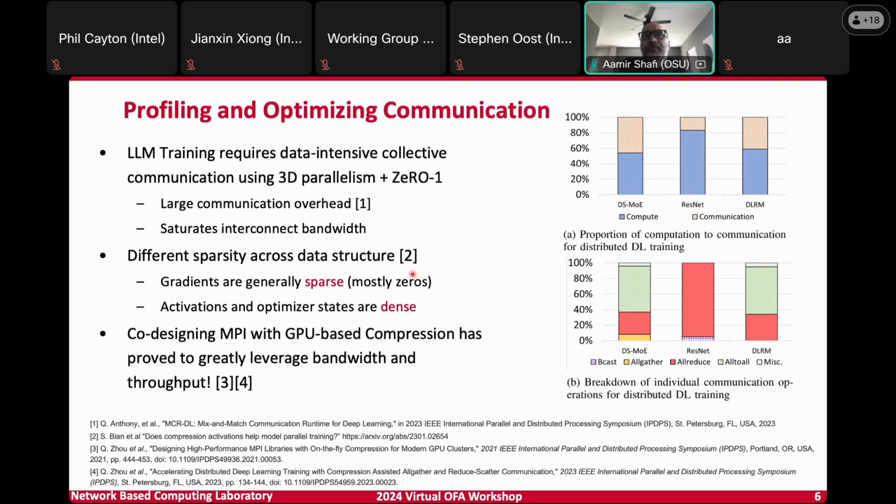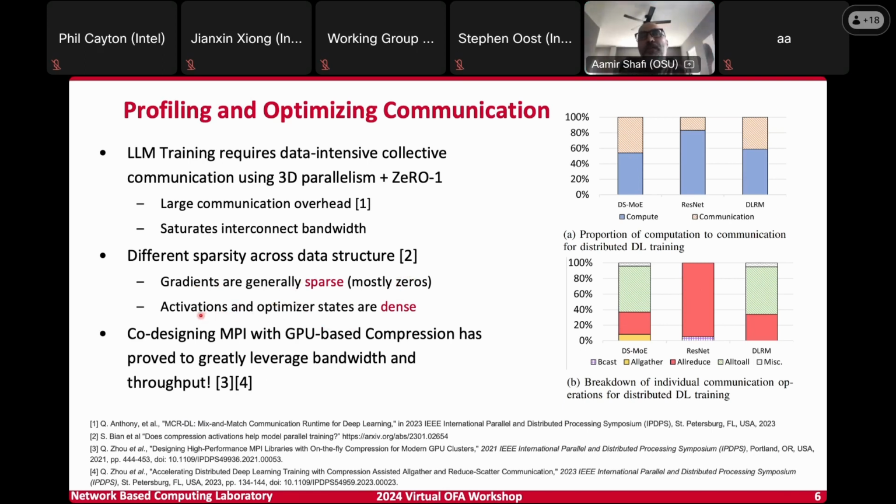The fundamental observation, or the idea behind the work that I'm presenting here, is that we are communicating different types of data when we are doing, let's say, data parallelism or pipeline parallelism or tensor parallelism. And mainly we are talking about these three data structures: gradients, activations and optimizer states.